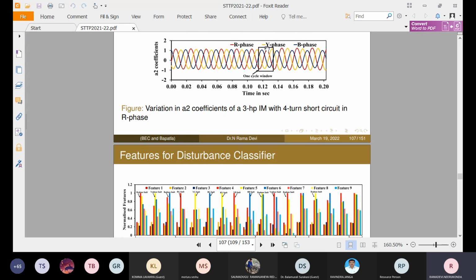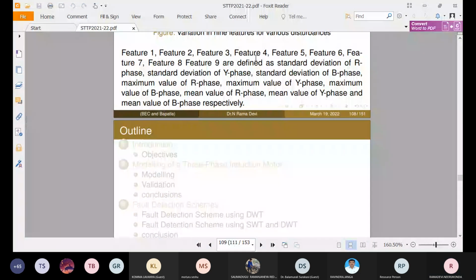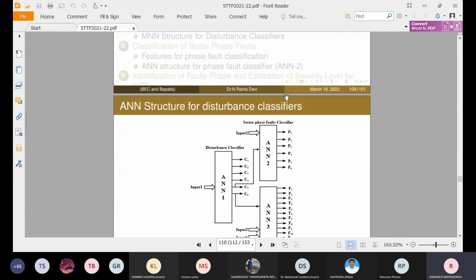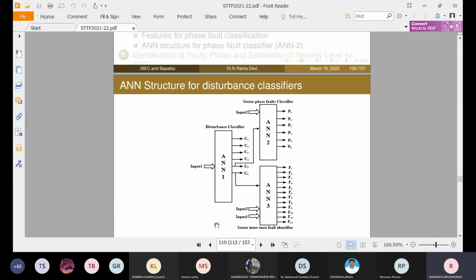Totally we take 9 features: standard deviations of all 3 phases of A2 coefficients of the reconstructed signal, all 3 phases of absolute maximum values of A2 coefficients, and similarly all 3 phases of mean values of A2 coefficients. Those are taken as the input of the disturbance classifier, which classifies the disturbances.